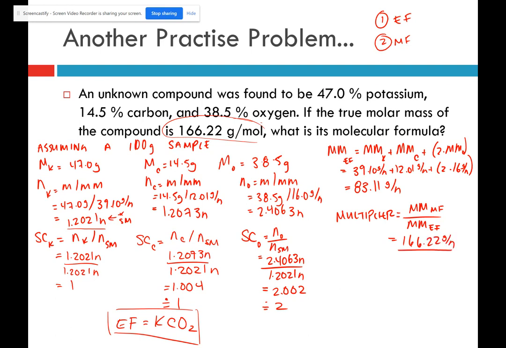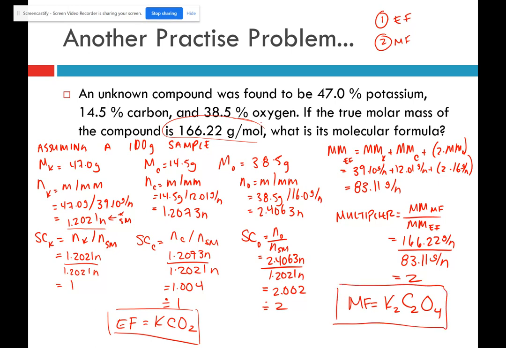We're going to divide that by 83.11 grams per mole, which gives me exactly 2. So I'm going to take my empirical formula and multiply it by 2. That means my molecular formula is K2C2O4, because I took 1, 1, and 2 and multiplied them by 2.